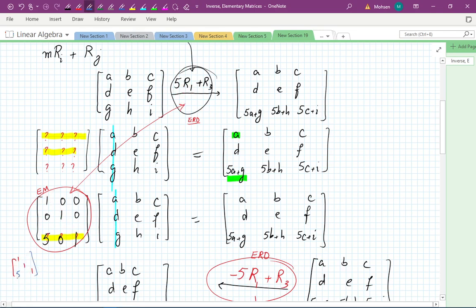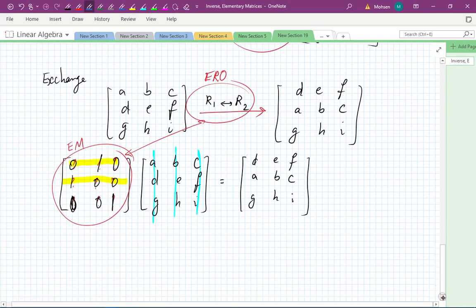So each of these elementary matrices is obtained by applying your elementary row operation to identity. Let's write that down because it's an important observation.